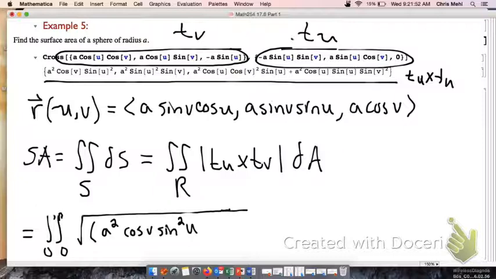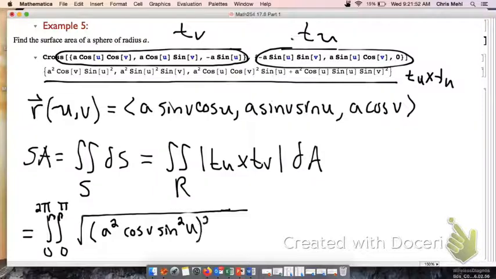It doesn't really matter what angle you let be u and which angle you let be v. But if I'm going to do du dv, I think I have it backwards here. I actually think if I'm going to do du first, in this case I let u be v. Sorry, in this case I let theta be v. So if I do du dv, it'd be 0 to pi and 0 to 2 pi.